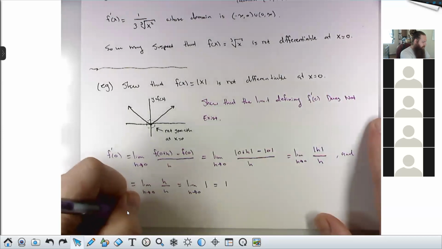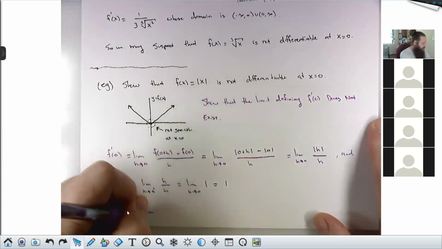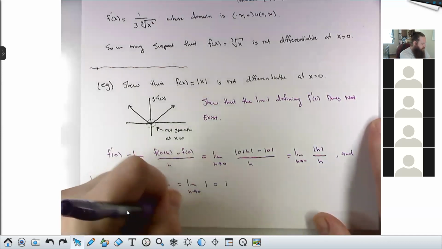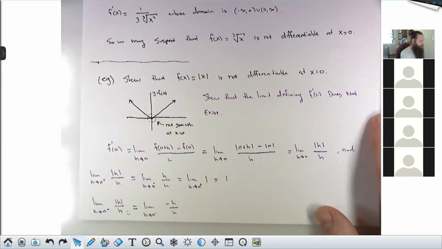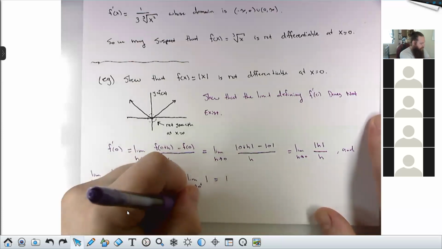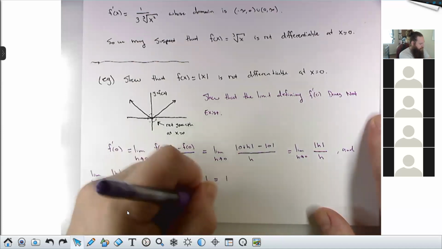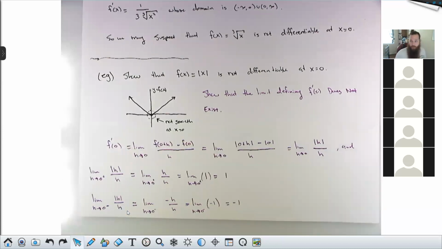It negates the negative values to make them positive. So this is the limit, oh, I left off the plus there, the limit as h goes to 0 from the right. And I left off the 0 from the left here too, didn't I? Sorry. And just like you can cancel the h's there, you can cancel the h's here, but this time you're going to get negative 1. So no limit. The left and right limits are different. So that limit does not exist.